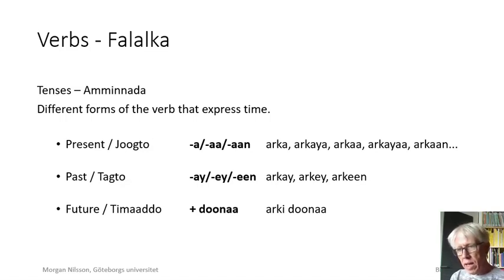It contains a or e for the past tense, and it contains a whole verb form, an auxiliary verb, in the future tense. So the verb dona is added to the main verb here, arki dona. So we have 2 words, 2 different verbs, a main verb and an auxiliary verb in the future tense. So if you can do this with a word, you have proof that it is a verb, indeed.